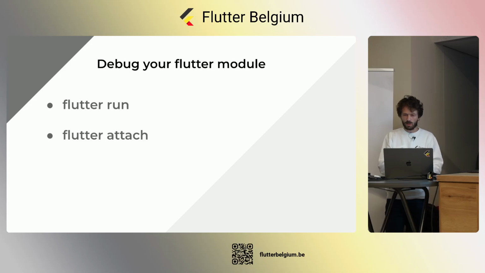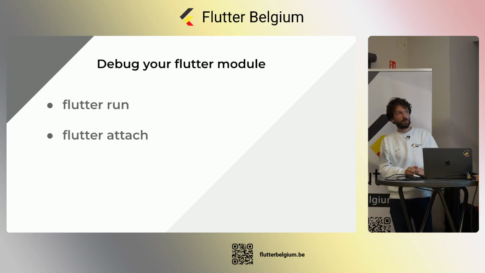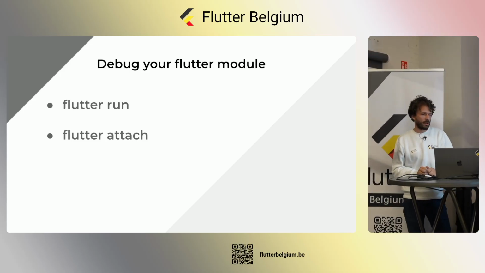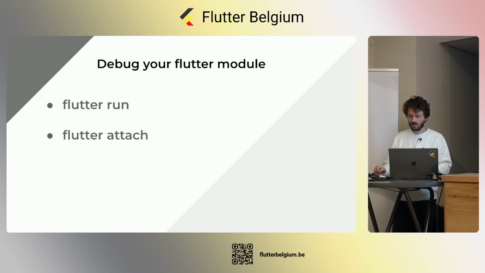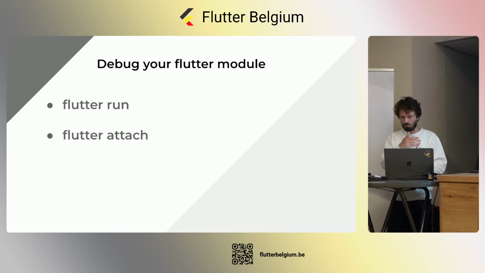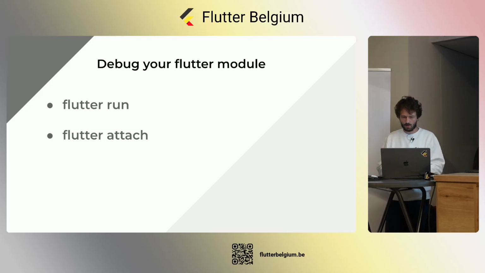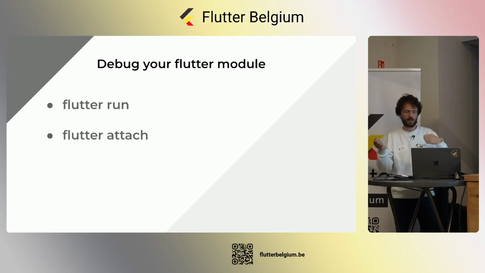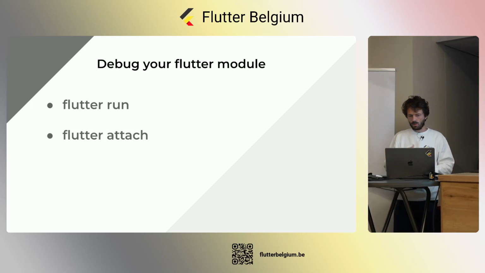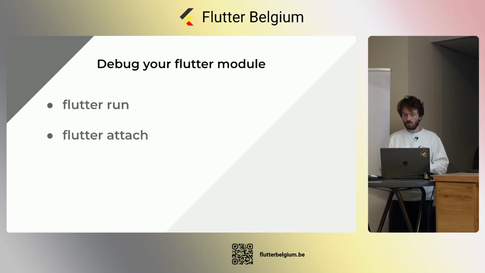It's possible to debug your module if you run it on a simulator. The first one is actually just flutter run. That works, but you have the downside that you cannot test the embedding and that communication. What also works is flutter attach. At least I tested it with a simulator.